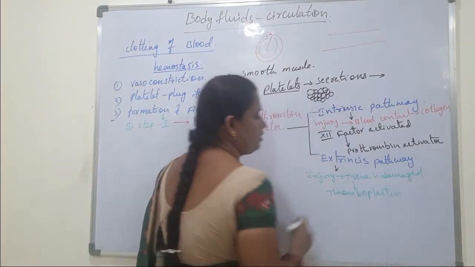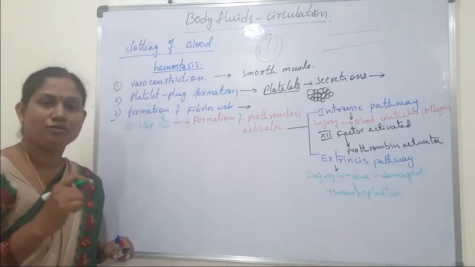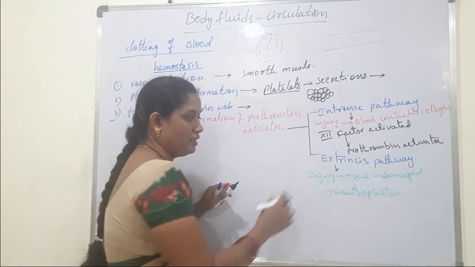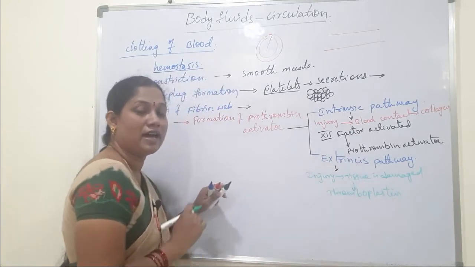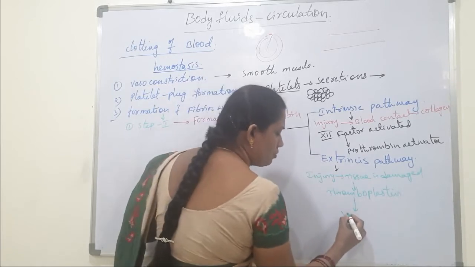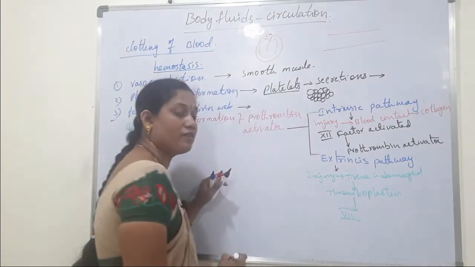This is also one of the factors. The damaged tissue activates the thromboplastin. This thromboplastin activates the 7th factor.